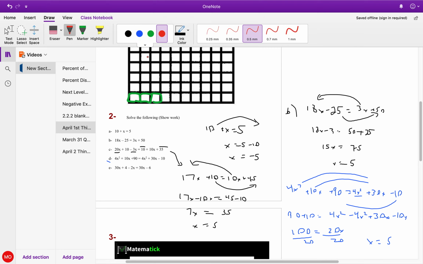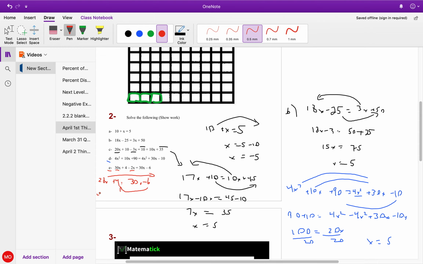And lastly, let's do this one here. I'm going to combine these like terms first before we even start. So 30 minus 2 is 28x plus 4 equals 30x minus 6. I'm going to move this one over here and take that over there.